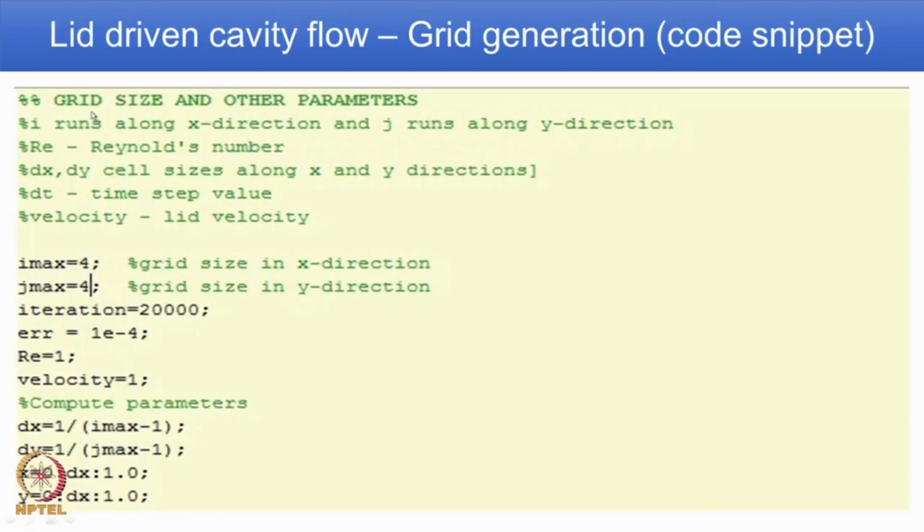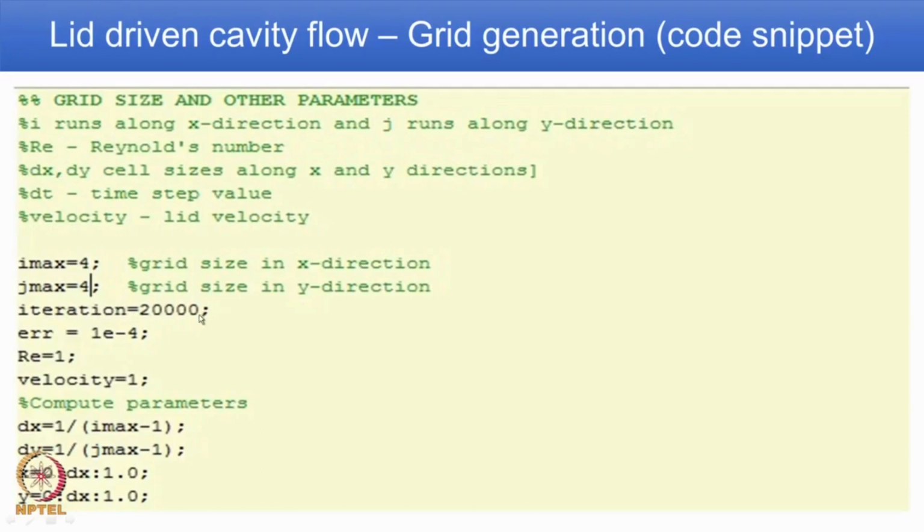We have a command for grid size and other parameters: i runs along the x direction, j runs along the y direction, Re is the Reynolds number, dx and dy are cell sizes along the x and y directions, dt is the time step value, and velocity is actually the lid velocity. We have already defined imax to be 4, you can change it to any number. This is the grid size in the x direction. Similarly, for the y direction jmax equals 4, this is the grid size in the y direction.